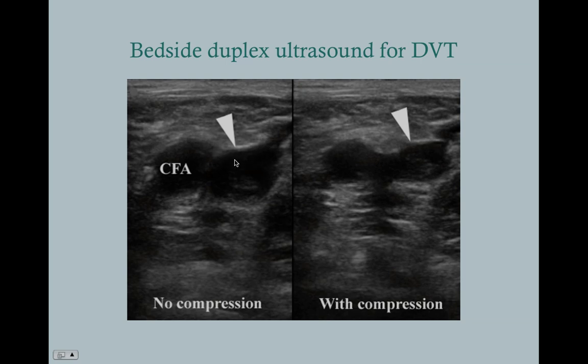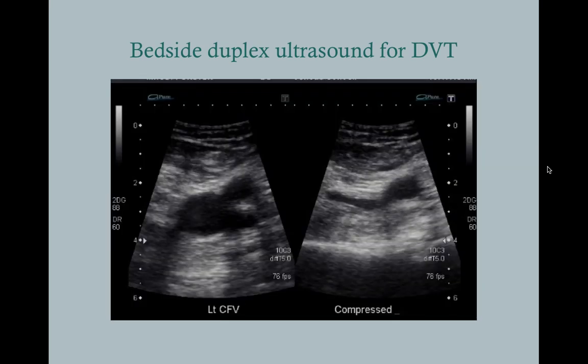This is the common femoral vein here, and so you can see this is probably the saphenous vein here, but you can see again we can't compress it. Even if you can compress it a little bit, that's still a positive finding. You should be able to get the vein almost completely compressed. So it should look something like this, where you've got it almost completely compressed.